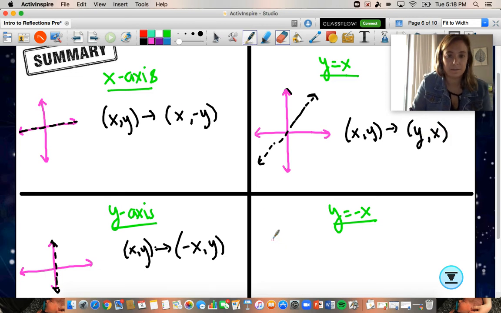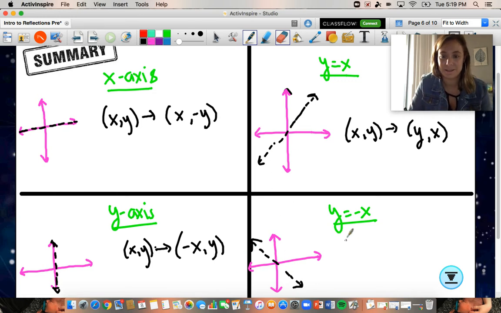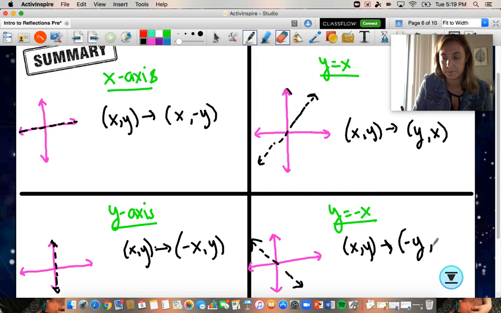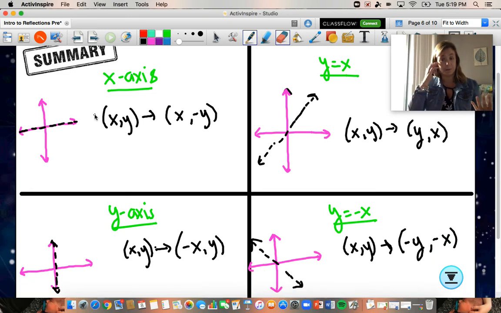And finally, y equals -x is this decreasing line. These two are perpendicular. Their slopes are opposite reciprocals. So I've got x, y becomes not only do x and y switch, but they both become negative. Okay, so these are really the 4 rules that we want to know, whether you're developing them as you go or you're somebody that's memorizing them. These are the 4 rules we're going to be working with and applying.